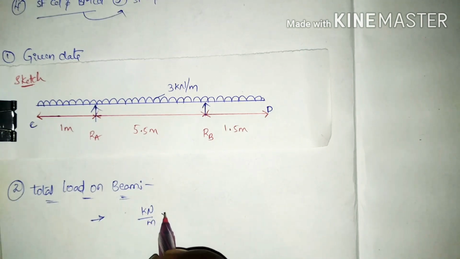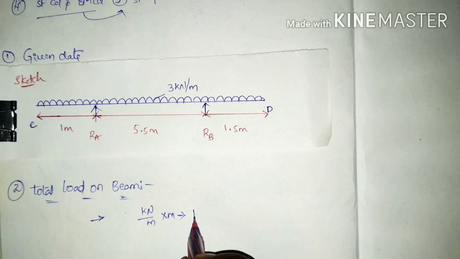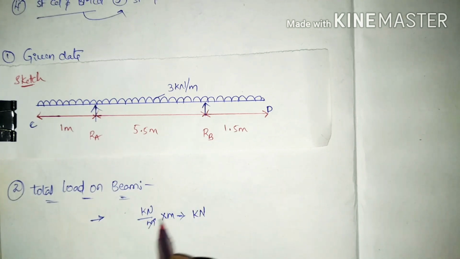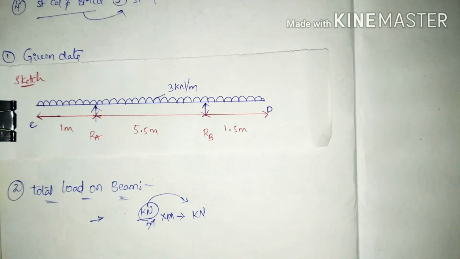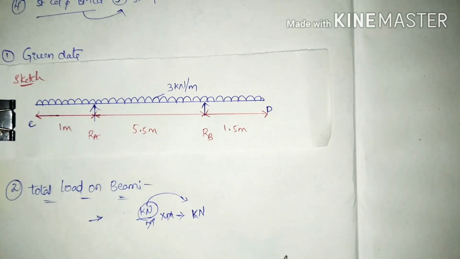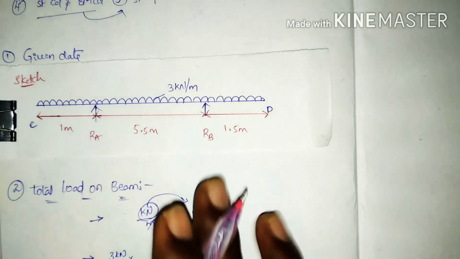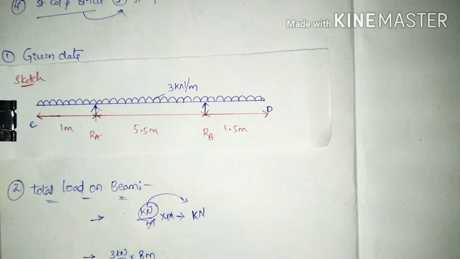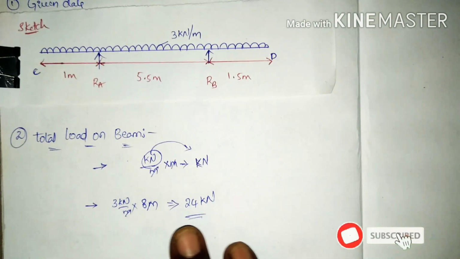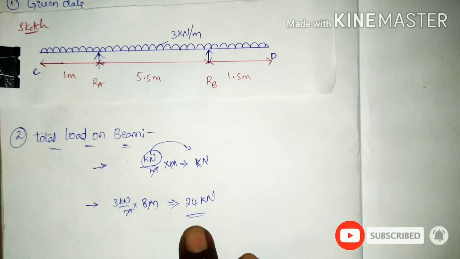When I multiply by meters, the meter cancels and we are left with only kilonewtons, which is the point load. Here we have 3 kilonewton per meter acting over the entire span of 8 meters. The meter cancels, and 3 times 8 is 24 kilonewtons. This is the total load acting on the beam, 24 kilonewtons.